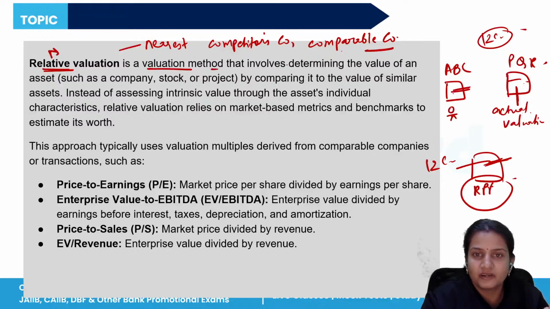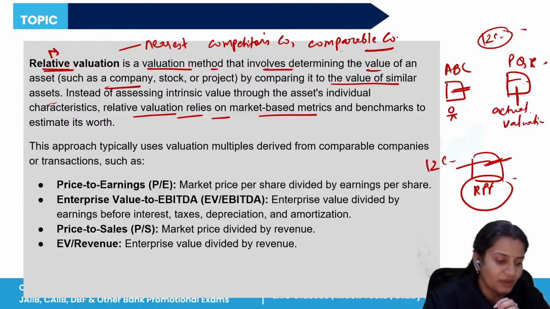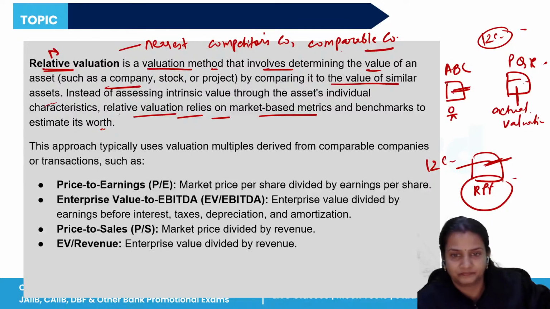It is a valuation method that involves determining the value of an asset, such as a company, by comparing it to the value of similar assets. So this relative valuation relies on market-based metrics to estimate its real cost. Now, we have different multiples.